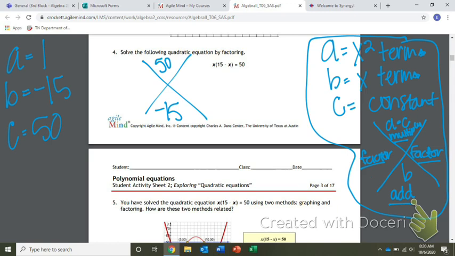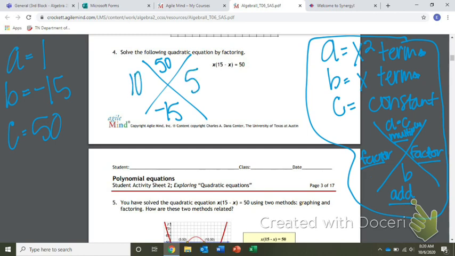I always do multiplication first. 1 times 50 does give me 50, but does it give me negative 15 if I add? No. 2 times 25 does give me 50, but does it give me negative 15 when I add? No. 3 doesn't work. 4 doesn't work. 5. Would 5 work? Yes.